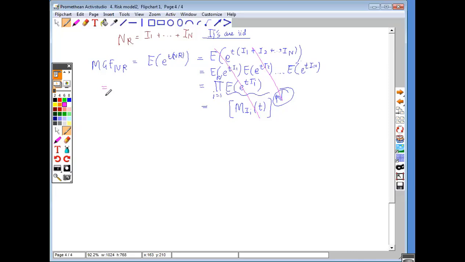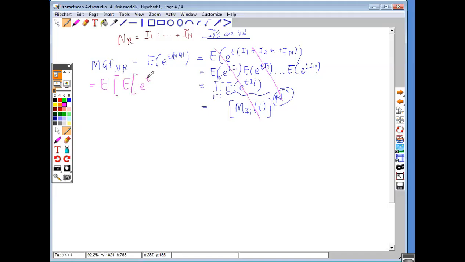Isha says that maybe I should try to use the law of iterated expectations. So I'm going to first write expectation, and again this would be with respect to NR. Okay, so it's not going to be with respect to NR. Let's see.